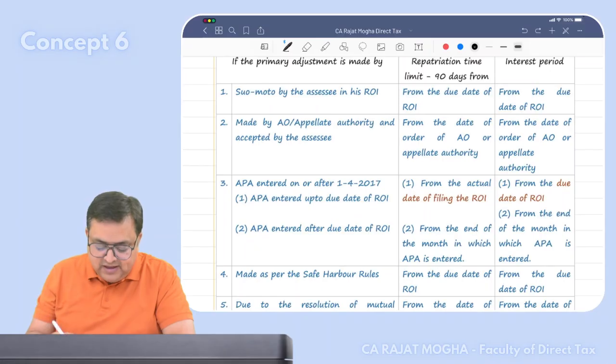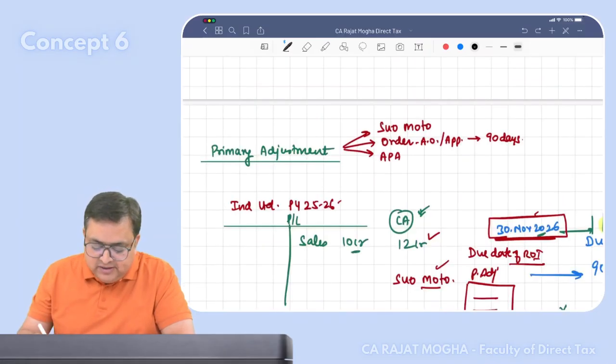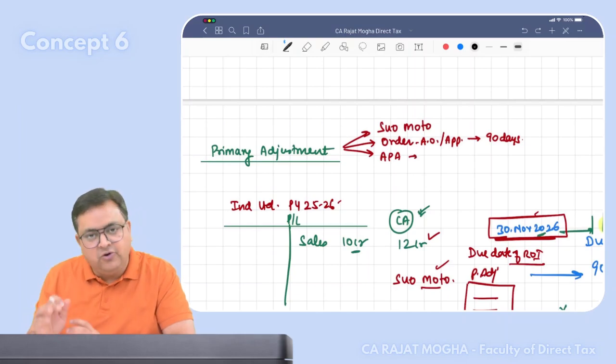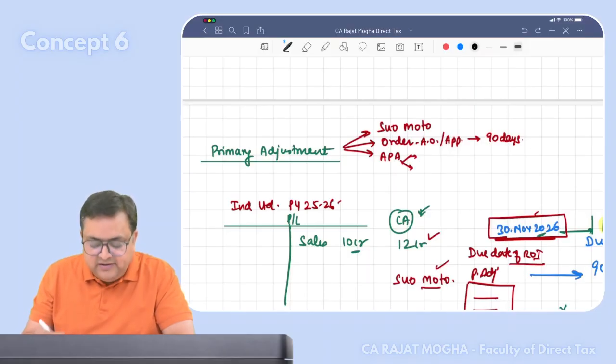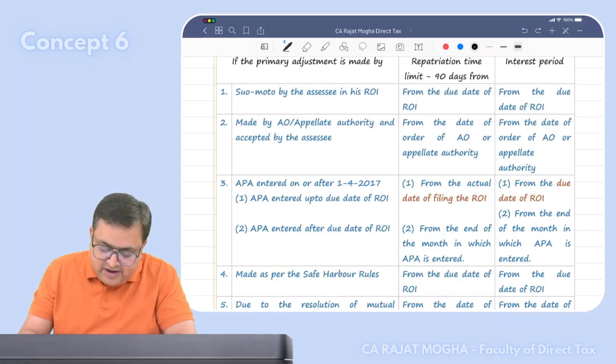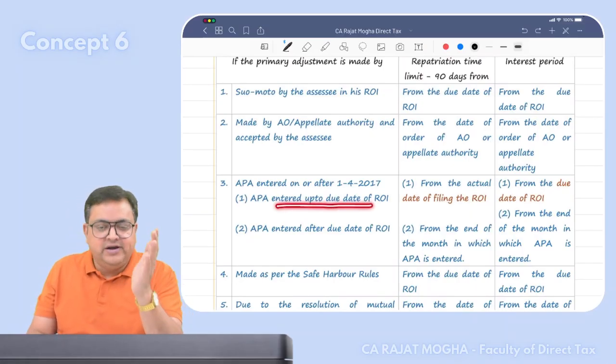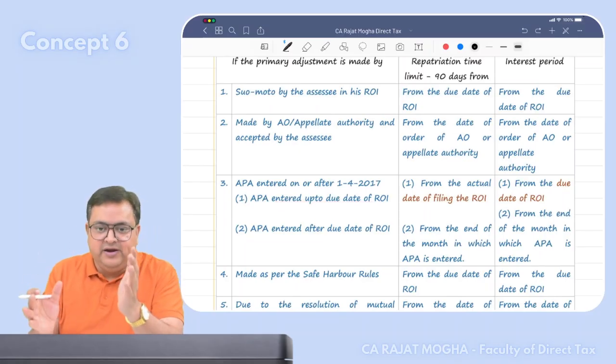See, if the APA has already been entered up to the due date, what does that mean? That when you were filing the return, the APA had already been entered. Or the APA is entered after filing your ROI, then what will happen? If you entered the APA up to the due date of ROI, it means the APA was entered already, and after that you filed your return.